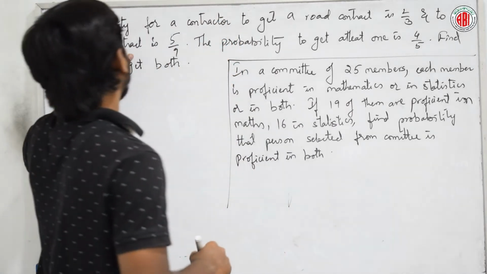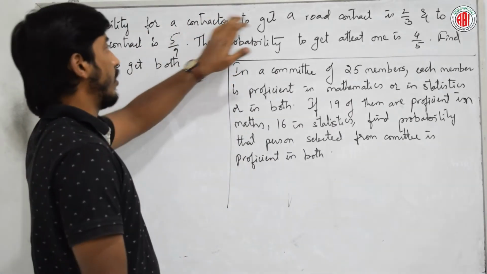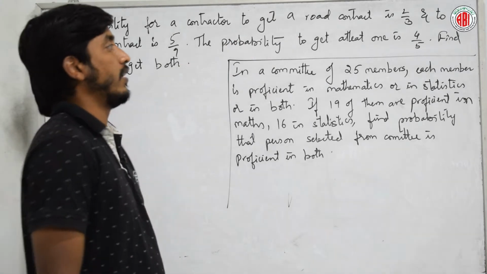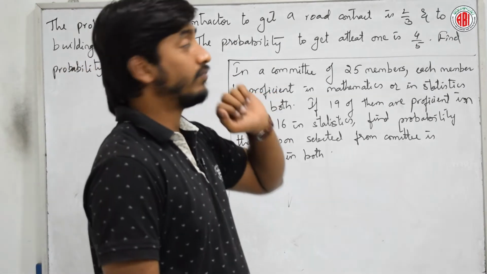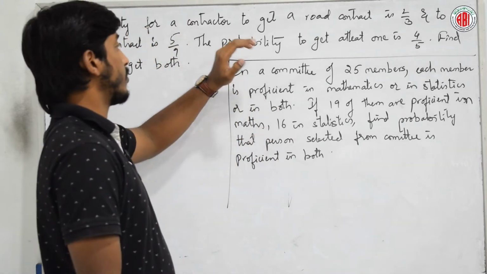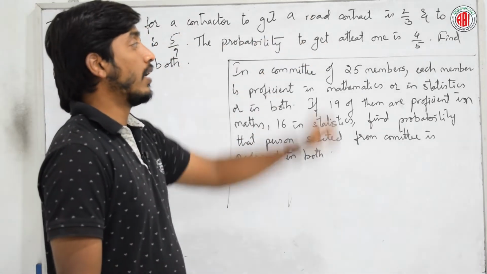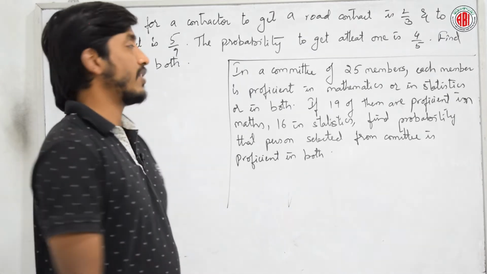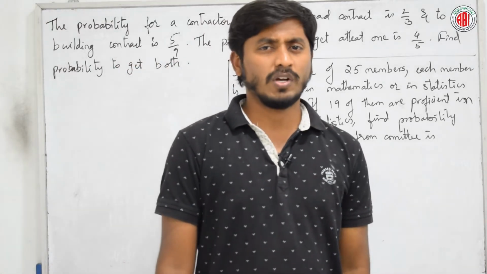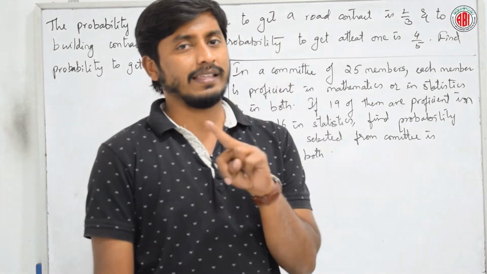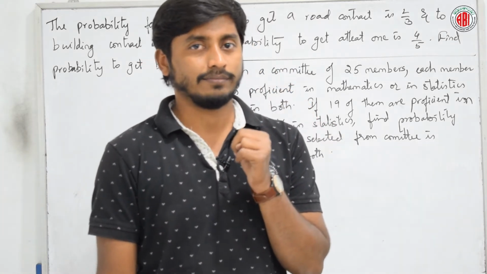He gave the probability for a contractor to get a road contract is 2 by 3 and to get a building contract is 5 by 9. Then the probability to get at least 1 is 4 by 5. Then he is asking us to find the probability to get both the contracts. At least 1 in the sense either this or that.